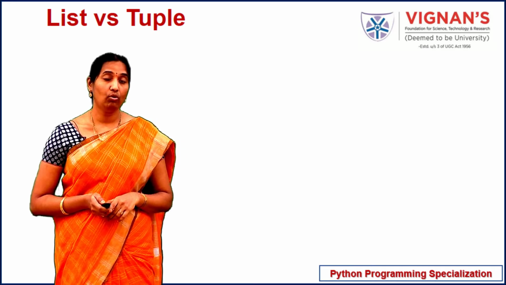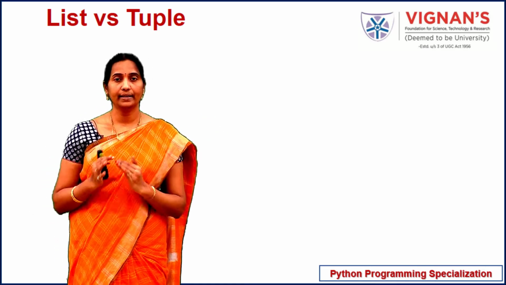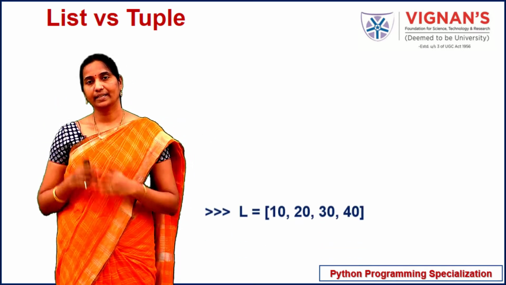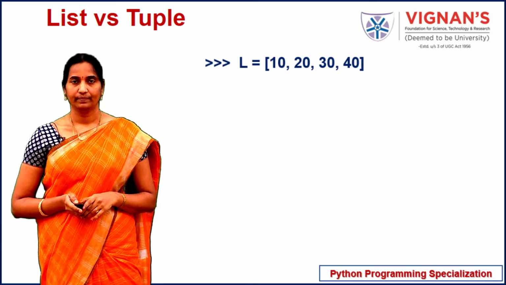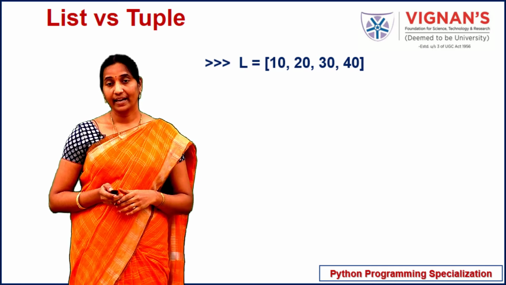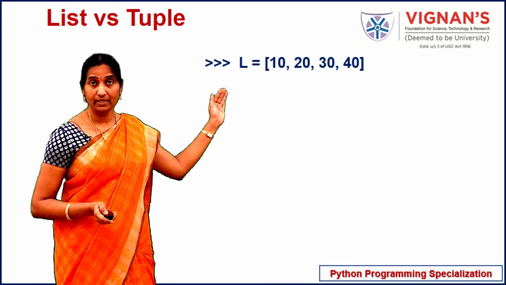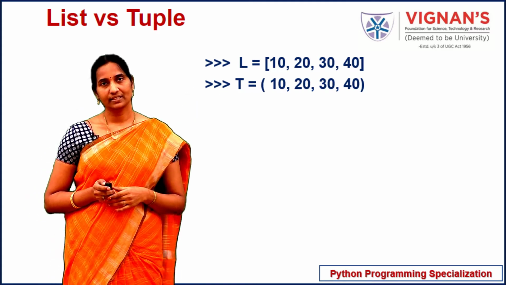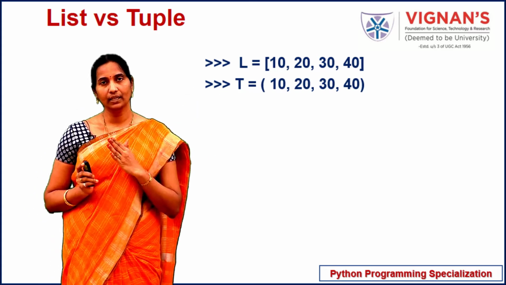Now let's see the difference between list and tuple. List comes under the category of mutable type, whereas tuple comes under the category of immutable type. Consider this example, where L is a list with the collection of elements 10, 20, 30 and 40, and consider a tuple T with the same collection of elements 10, 20, 30, 40.